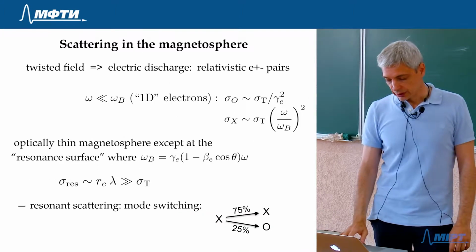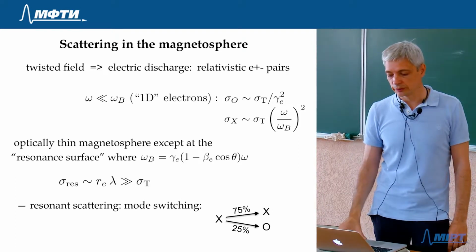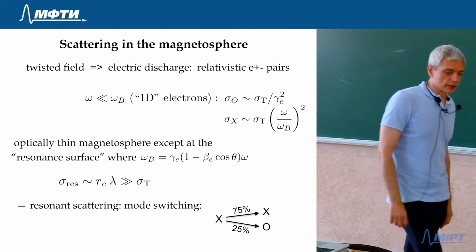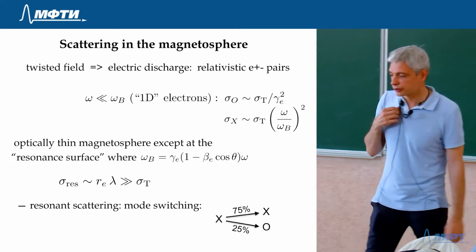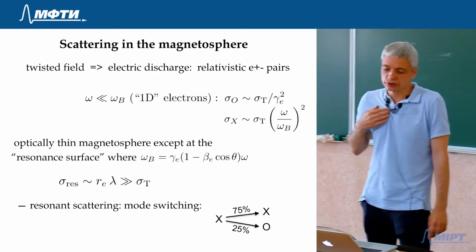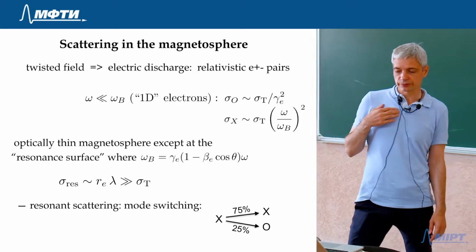All right. So another thing that can happen with the photon in the magnetosphere is scattering. The magnetosphere, as we'll talk about in a minute, is actually filled with plasma. It's not quite vacuum. It's low-density plasma, but there is a significant probability for scattering.